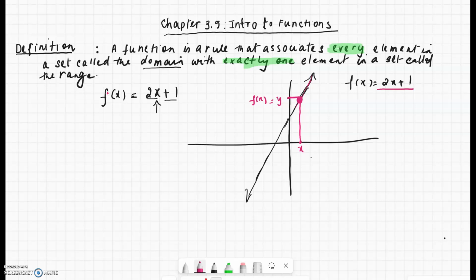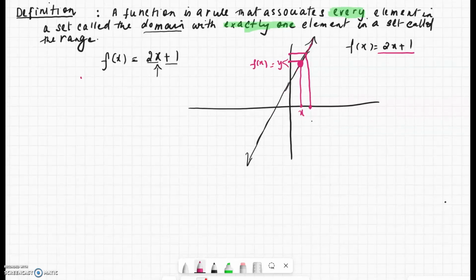So when we plug in an x, we get an f of x. For every x that we plug in, we get an f of x. Every x has exactly one y associated with it. So that's another way of proving that it's a function.